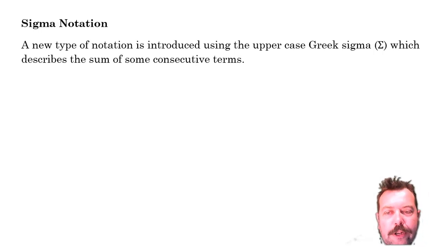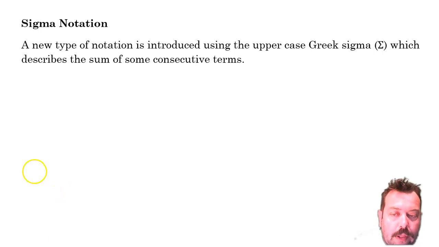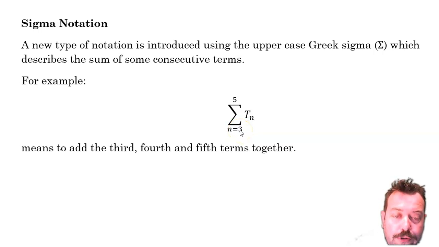We have this sigma notation, which uses the uppercase Greek letter sigma, looks a bit like a capital M on its side, and this allows us to specify the start and the finish of our sum. So, if I have sigma notation that looks like this, this means the sum from the third term to the fifth term. So the third, the fourth, and then the fifth terms added together.